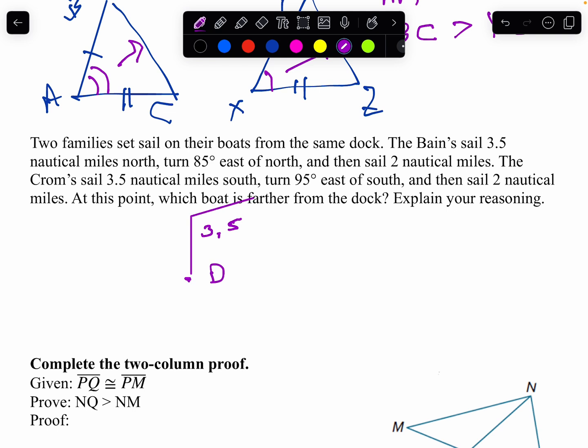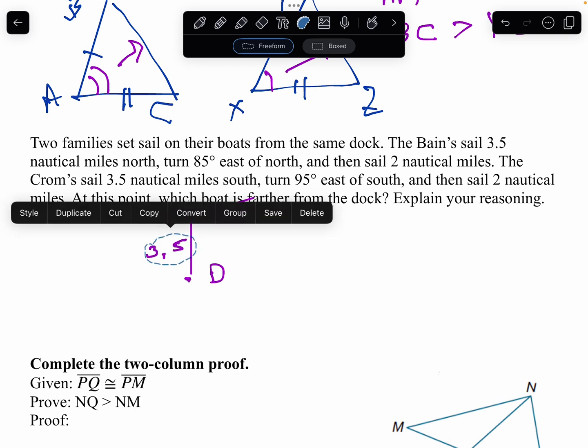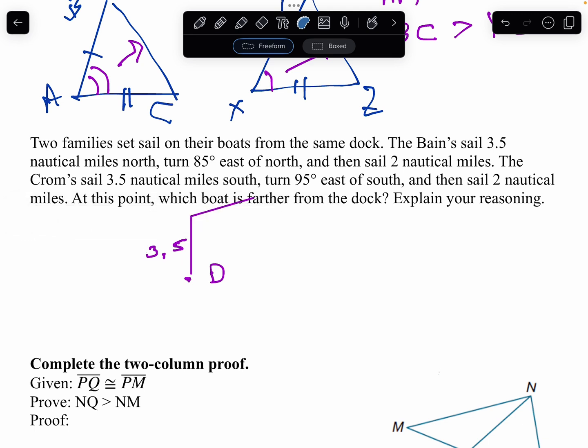And I'm going to see if I can move that 3.5 to the outside here, so it makes it easier to see. I'm going to move that right there. Okay. So what happens is, if they continued north, they would just be going straight north. But instead, they turned 85 degrees to the east.